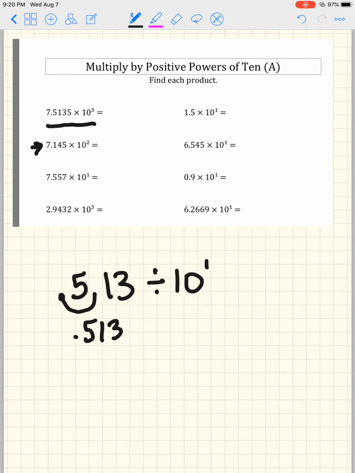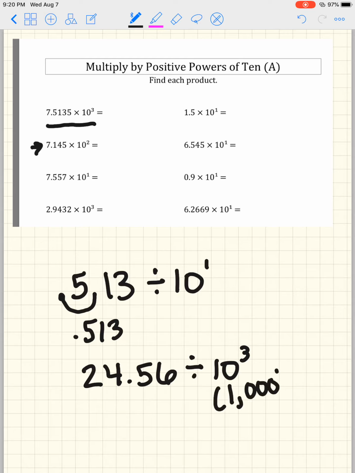Or let's try another one. 24 and 56 hundredths divided by 10 to the third power. Just a reminder, 10 to the third power is 1,000. Those 3 zeros means I'm moving my decimal back to the left 3 times.